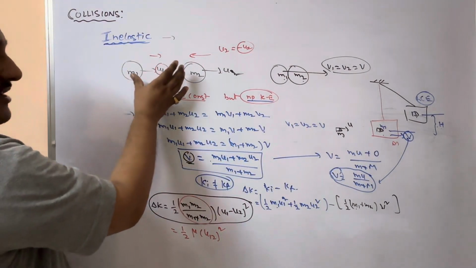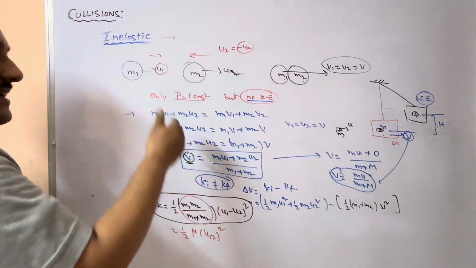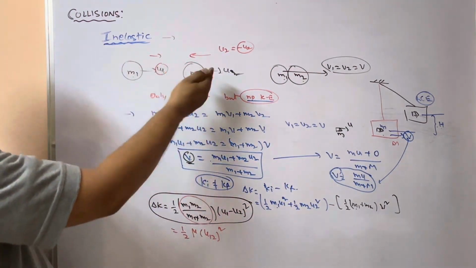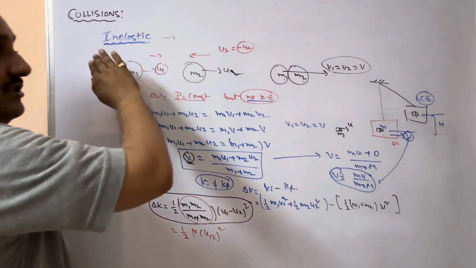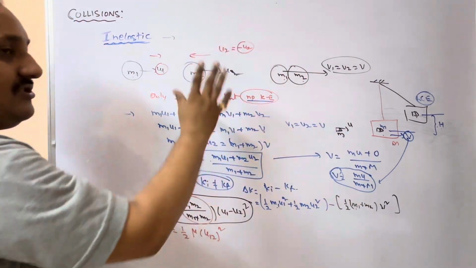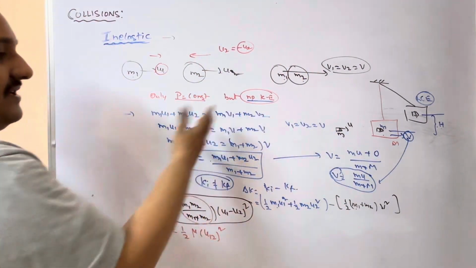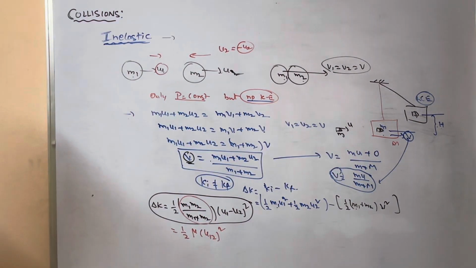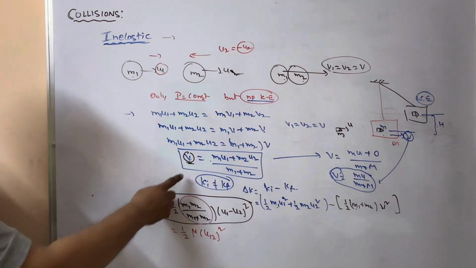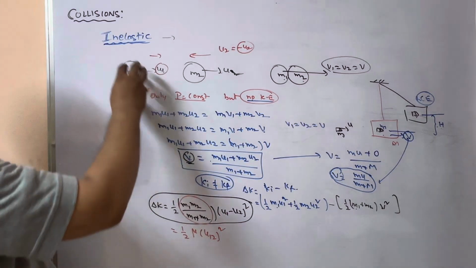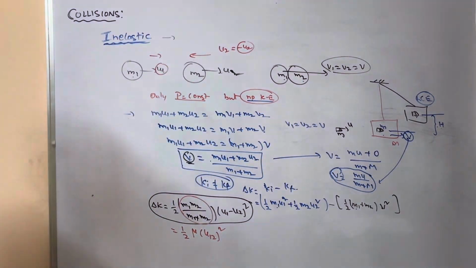Whenever both are moving towards each other, u2 should be negative, or u1 can be taken negative depending on the objects. If both move in the same direction, both are positive. If approaching each other, one is positive and the other negative. So this is the loss of kinetic energy formula and the common velocity formula during inelastic collision.